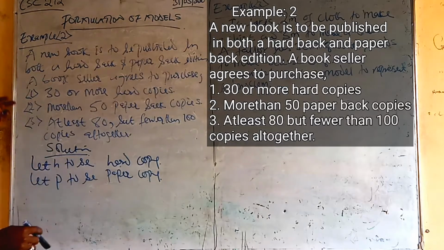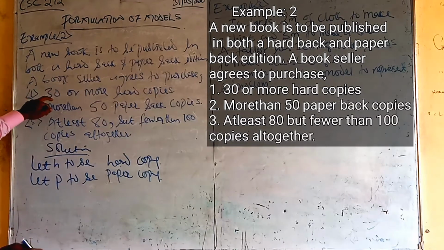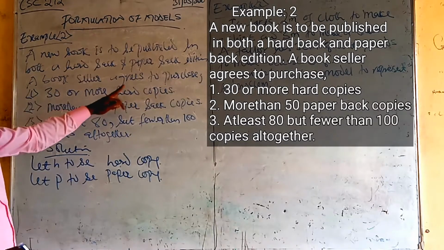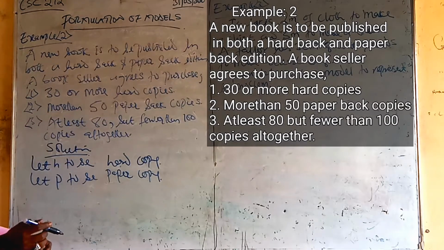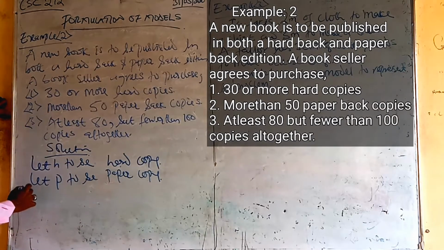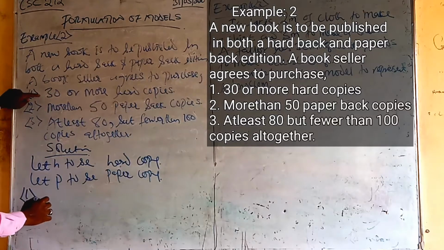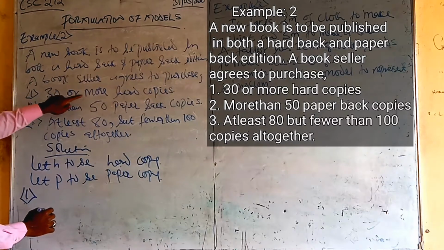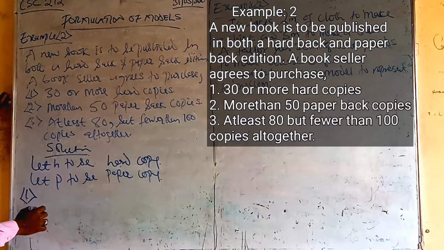So we have to first of all formulate the number one scenario. So number one stated that 30 or more hard copies are going to be purchased.